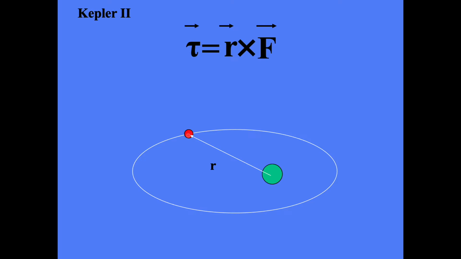Those two vectors are in opposite directions, but the sine of the angle between them, 180 degrees, is 0. As a result, the torque is 0, and angular momentum is conserved. So when you have, for example, a planet orbiting the Sun, the angular momentum is conserved, and so is the energy.